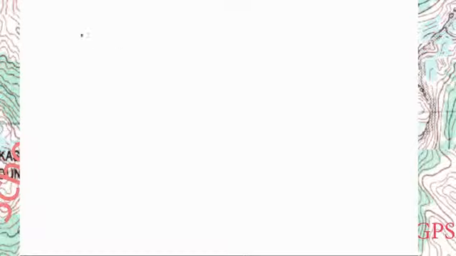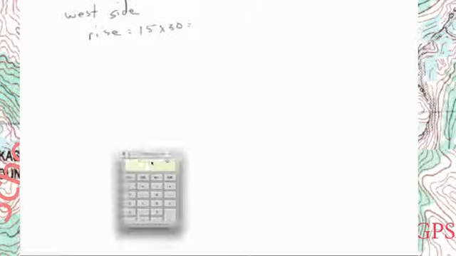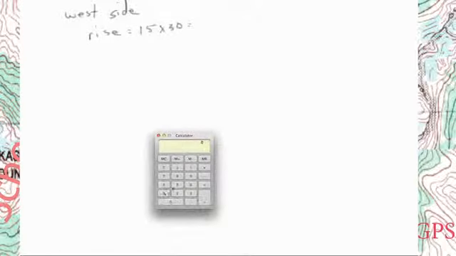Let's start by looking at the west side of Mount Blaine. First of all, we calculated the rise, and we said that the rise was equal to 15 contours. That's going to be 15 times 30, which is equal to, let's bring in our handy-dandy calculator, 15 times 30 equals 450.